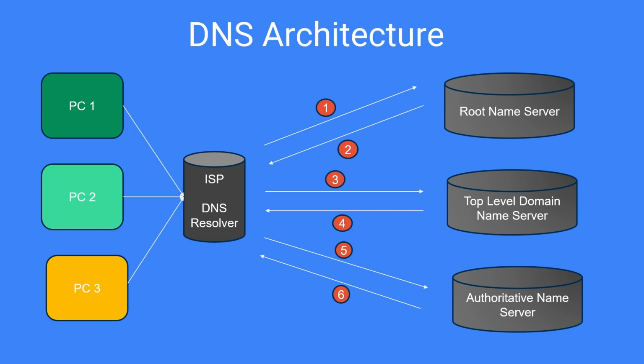That is the root name server. So everything is connected with the root name server. The first request will reach the root name server. The root name server is going to see what is after the dot, that is the top level domain, which is com in our case. So first of all, the root name server is going to look for the entire website, whether it is present in any cache on the root name server or not.